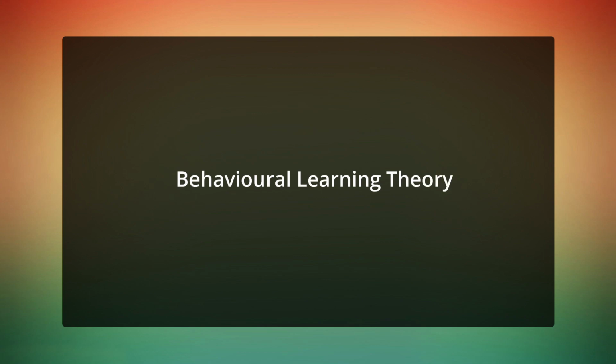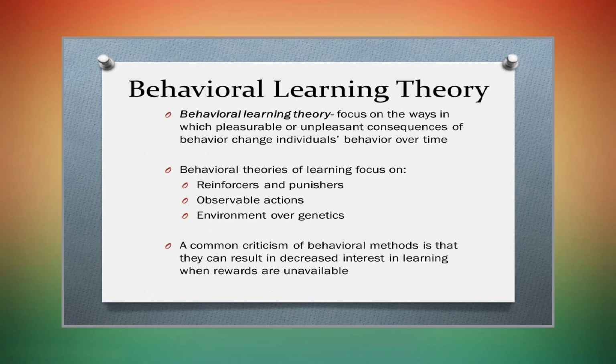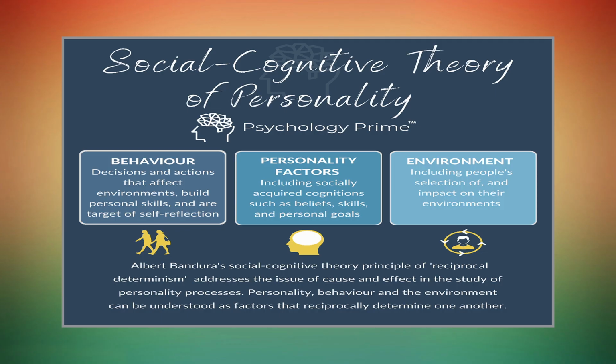Now we'll talk about the behavioral learning theory. It seeks to comprehend the historical background of behavior development that results in particular outcomes. The social cognitive theory explains how social interaction and observation help people pick up new behaviors.